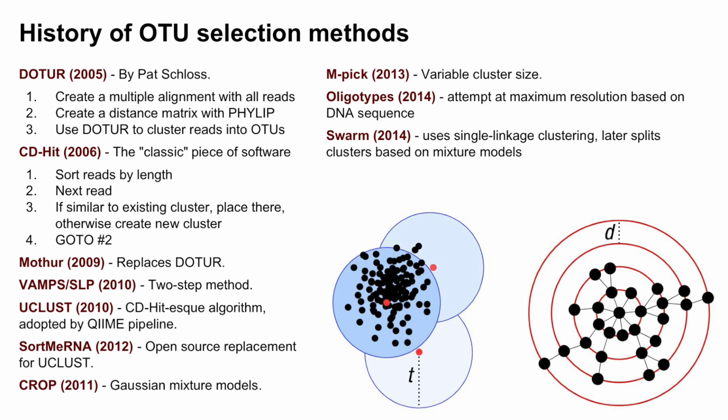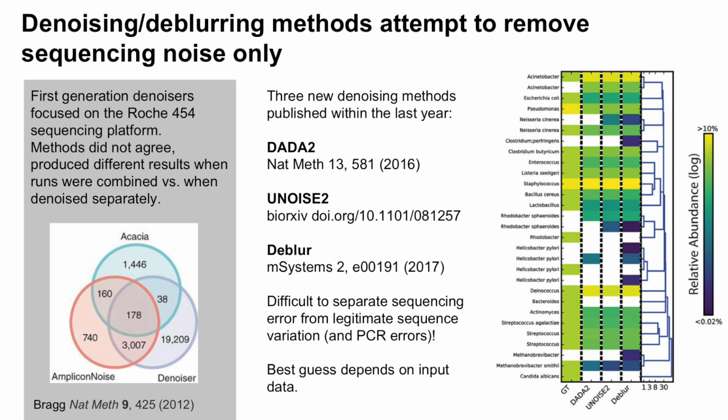Oligotypes I'll have a slide about. But Swarm, this figure is taken from the Swarm paper, is another attempt at single linkage clustering and then splitting them up, except they made it really fast. Swarm is one of the good pieces of software.